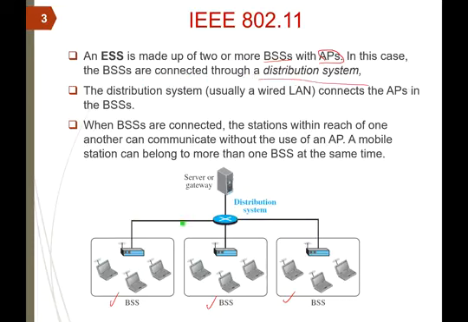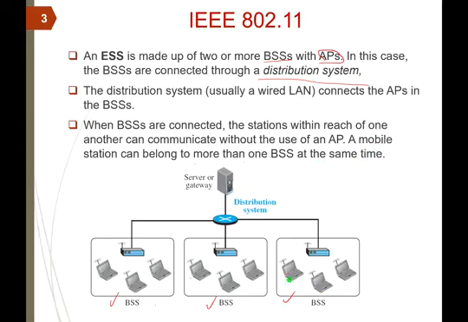Mostly the distributed system will be using cables, copper, or maybe fiber connectors. When BSSs are connected, a mobile station can belong to more than one BSS at the same time.